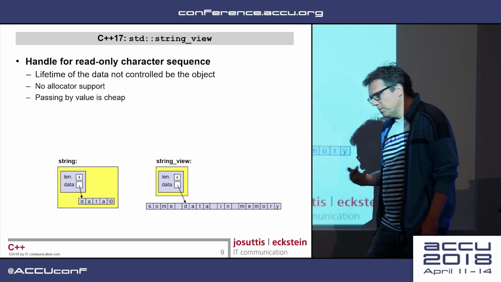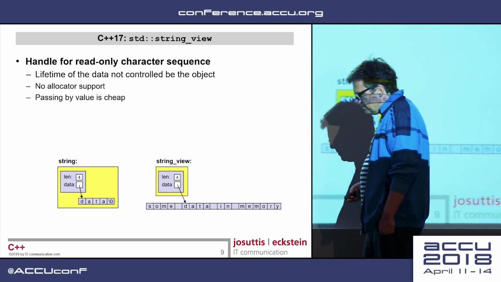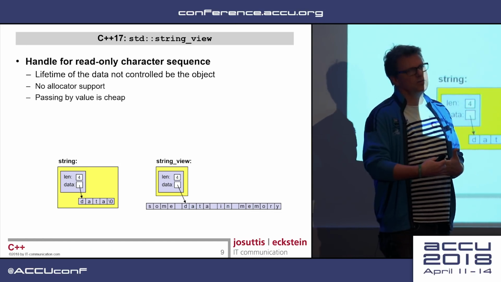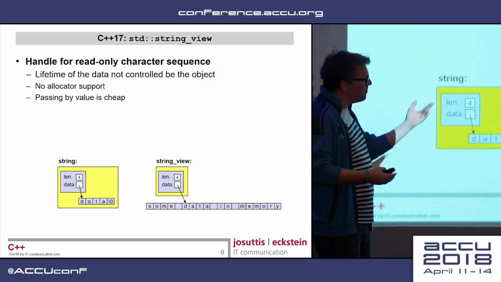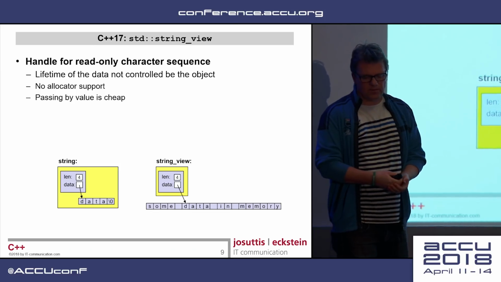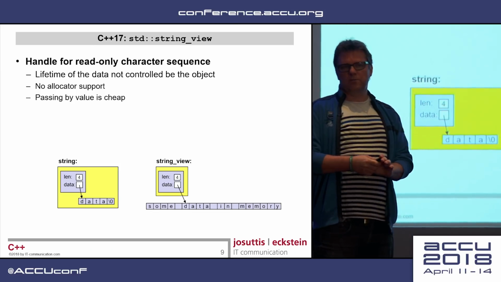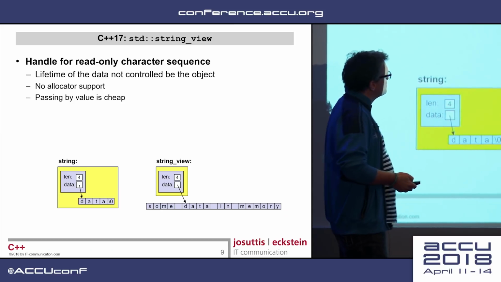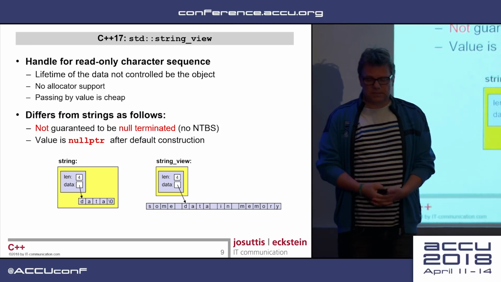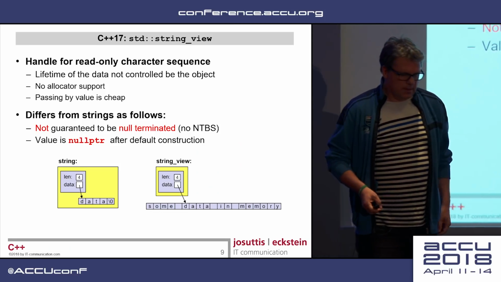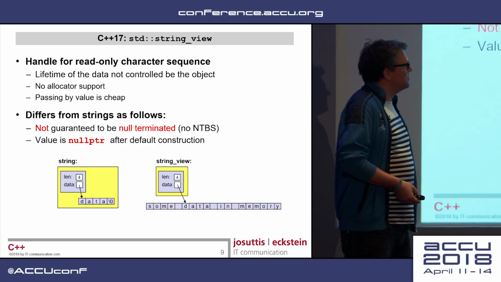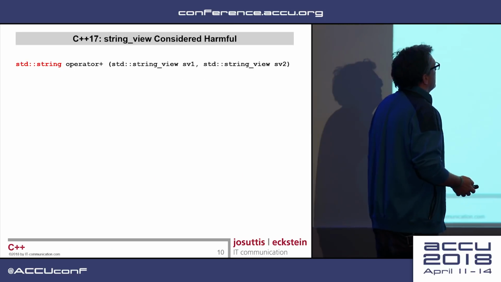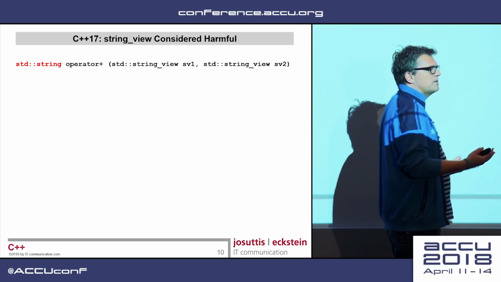It refers to something, and its validity depends on the lifetime of another object that is not under control. So there is a character sequence outside this object, and you have to make sure that whenever you use StringView, the character sequence is still valid. Some other restrictions apply, like not necessarily having a null terminator at the end, and the data might be the null pointer.